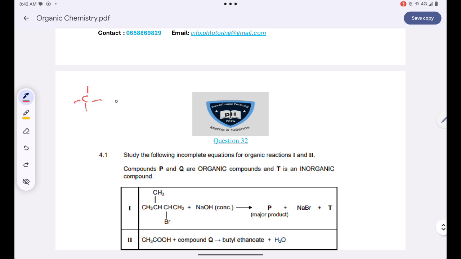I have CH3, CH, with the branch at carbon number 2, and then CH with bromine there, and then CH3. Let me just write the hydrogens over there.